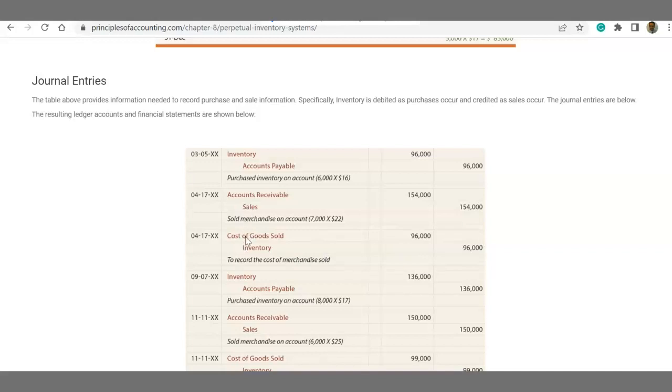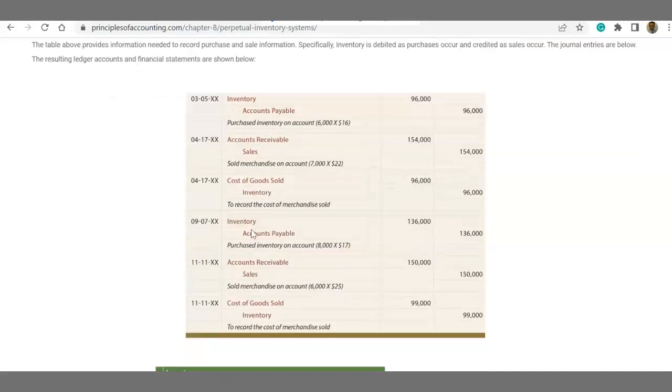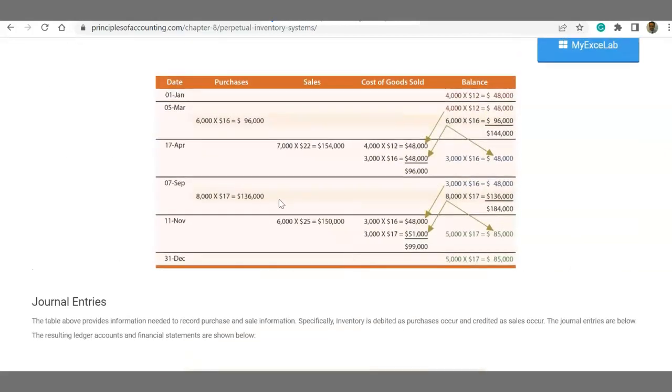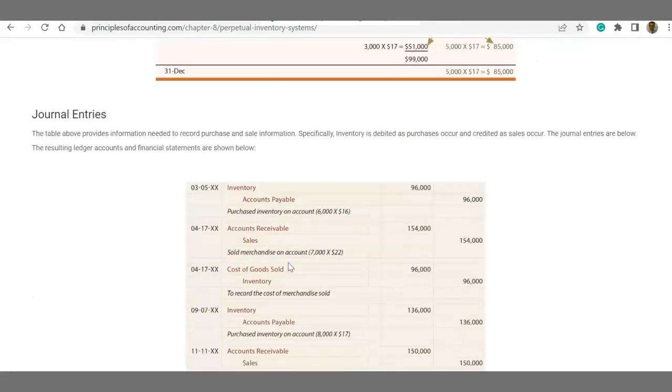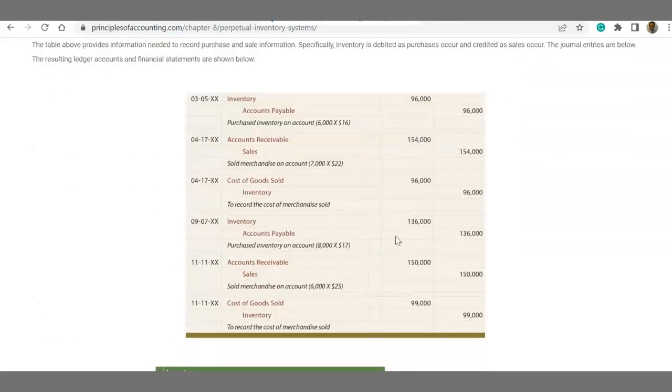So 2 journal entries when you sell. Again, in September, looks like we purchased another set of inventory for $136,000, which is that one. So inventory will be debited and accounts payable will be credited.